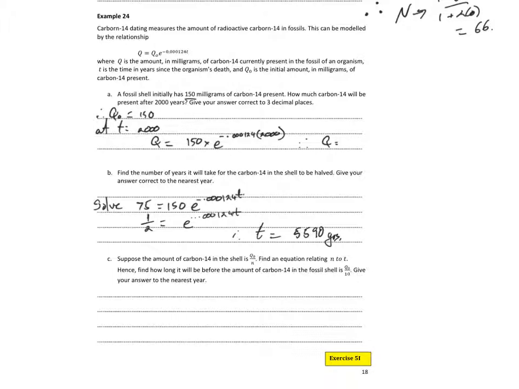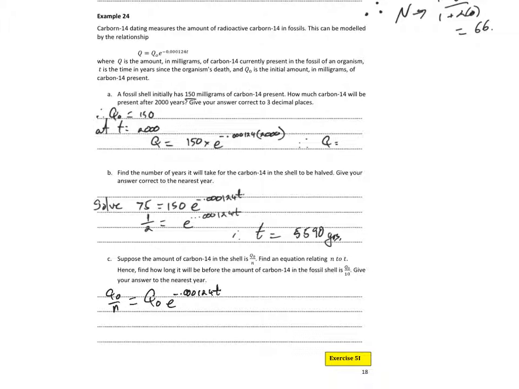Suppose the amount of carbon-14 in the shell is Q naught on N. Find an equation relating N to t, and find how long it will take. So the amount of carbon in the shell is Q naught on N. So we've got Q naught on N is equal to Q naught e to the negative 0.000124t.